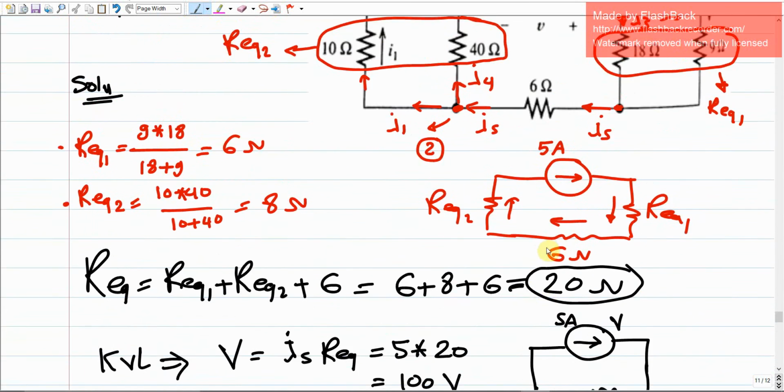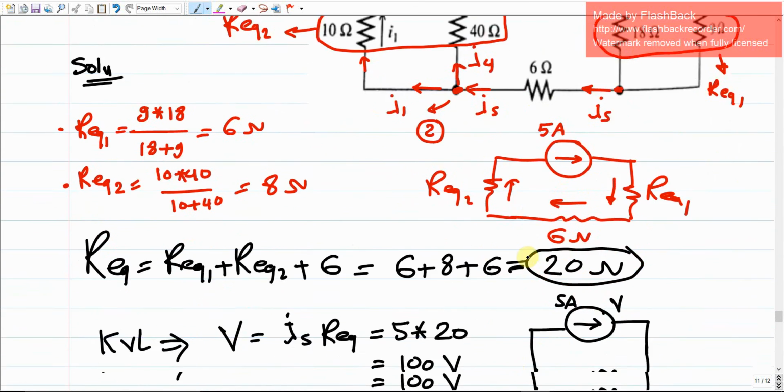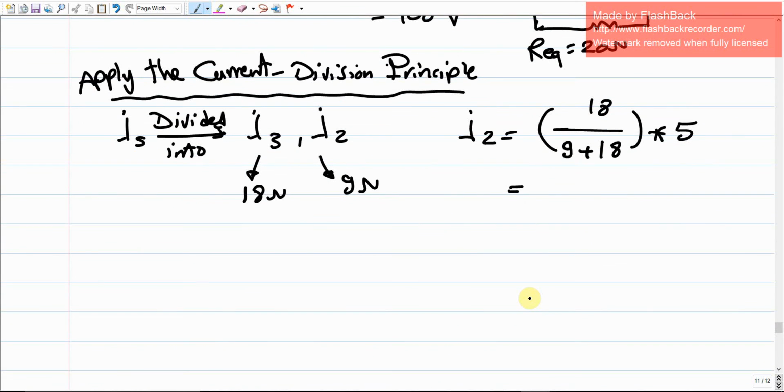So we have 18 divided by 9 plus 18, which gives 0.67. I'm sorry, times 5. It should be multiplied by 5. So this is going to give us 3.34 ampere. This is for I2.